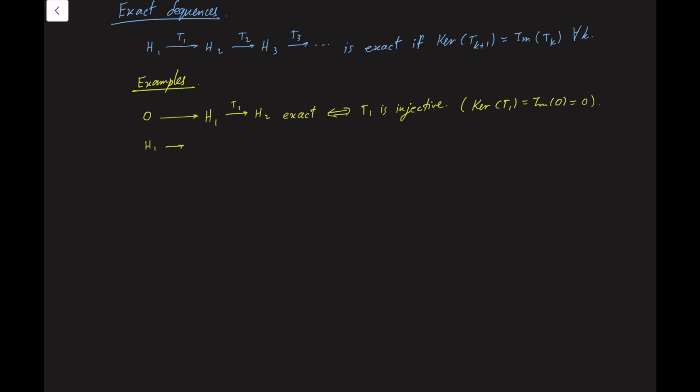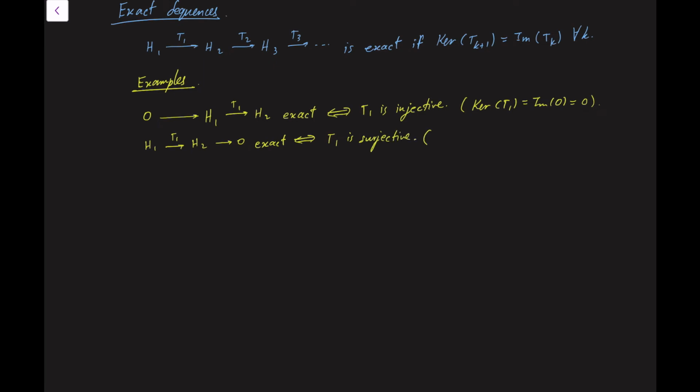Similarly, we have H1 mapping via T1 into some Hilbert space H2, which then entirely maps into 0. This is exact if and only if T1 is surjective.